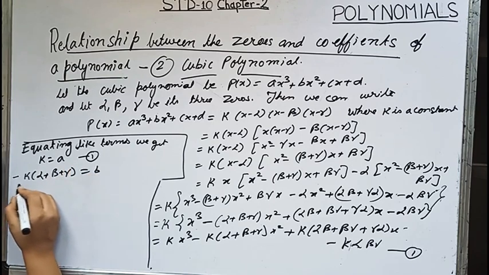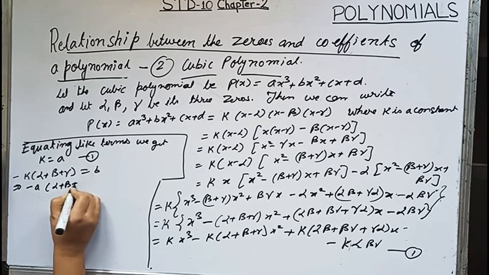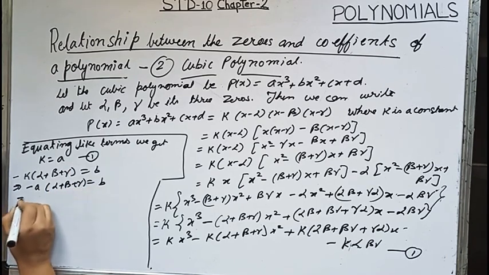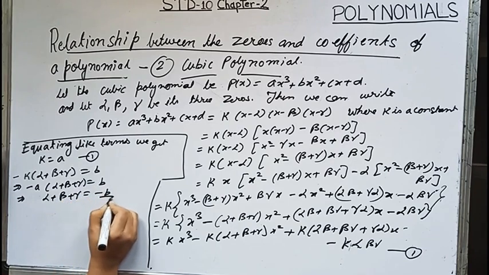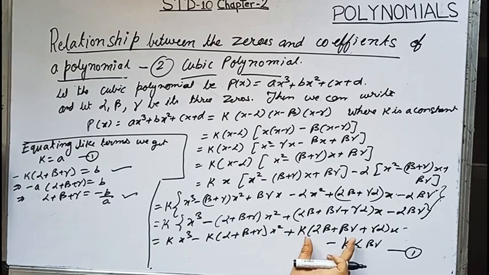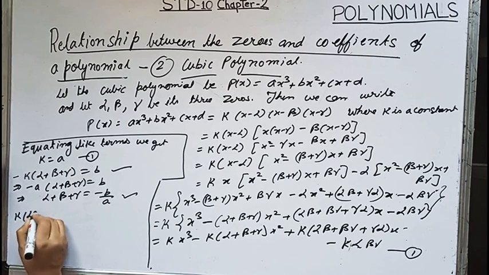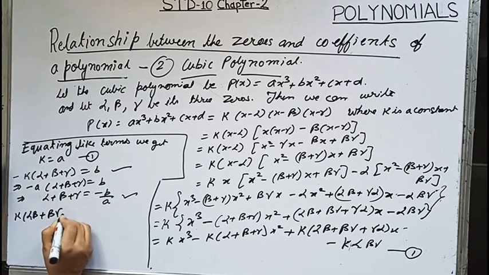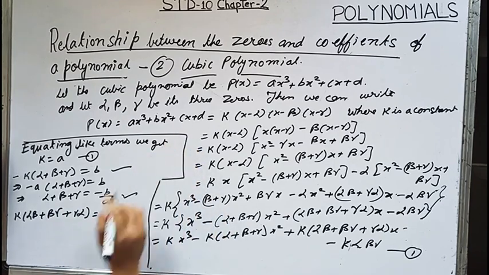Now the k value is a, so I can write over here minus a(alpha + beta + gamma) = b, this implies alpha + beta + gamma = minus b by a. Now next, the coefficient of x is this much, so we can write k(alpha beta + beta gamma + gamma alpha) = c.